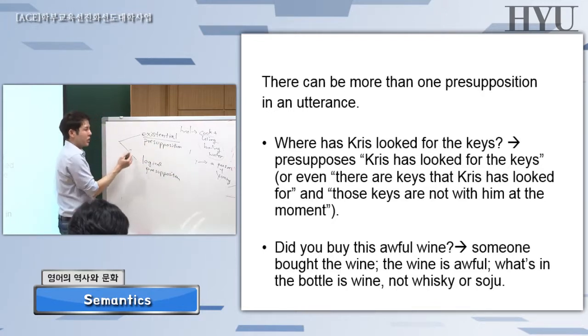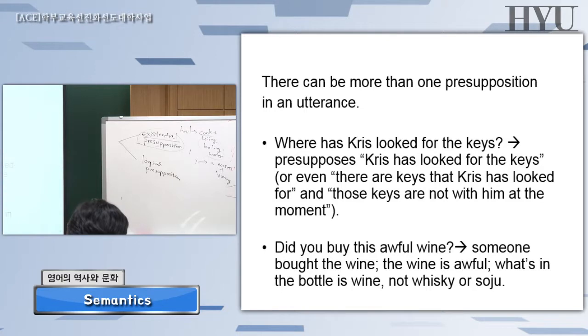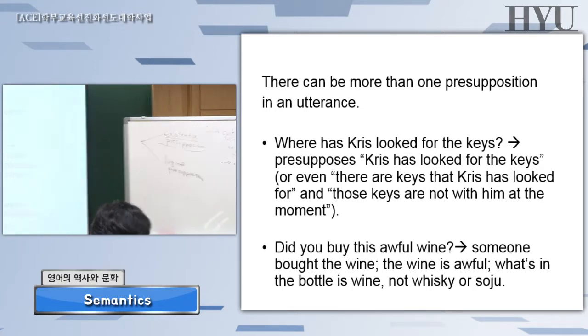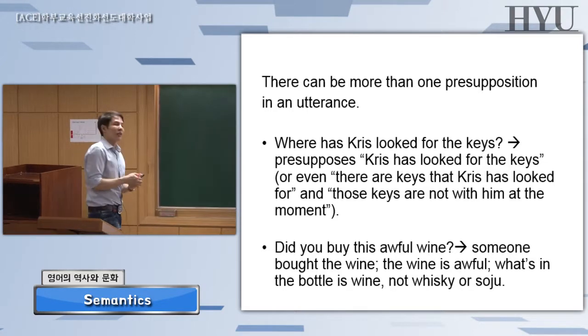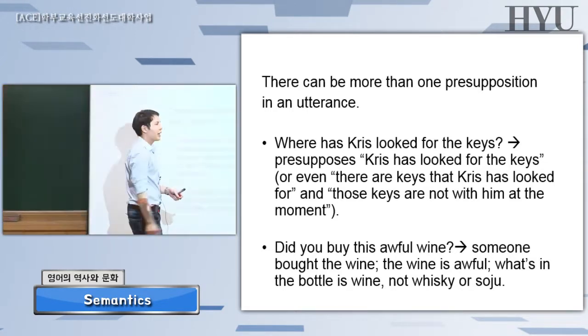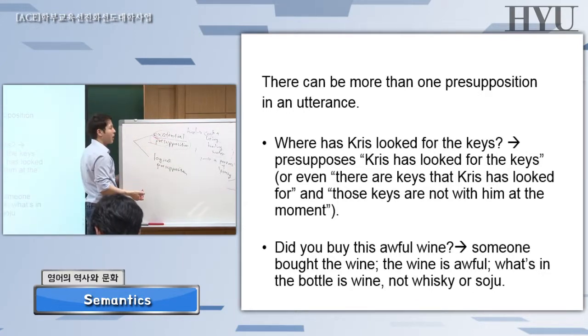Two kinds of presupposition. Existential presupposition assumes that something exists, meaning that there exists such a thing.